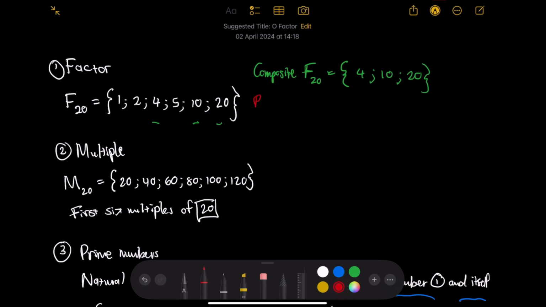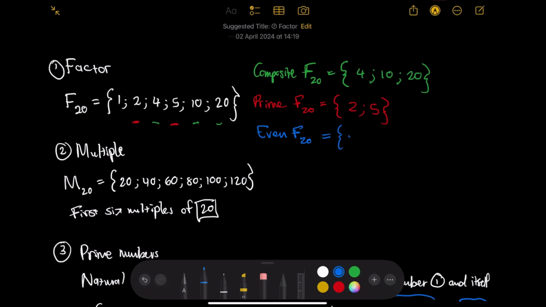If someone asked me, please give me the prime factors of 20, then what would that be? It would be 2, it would be 5. So I put 2 and 5. If someone asks me, please give me the even factors of 20, right? Even meaning this number is divisible by 2 without leaving a remainder, right?